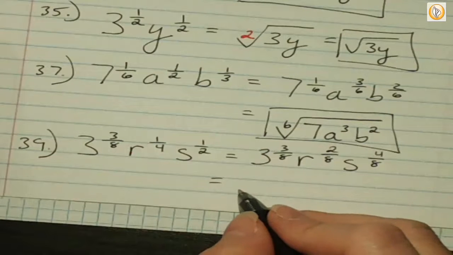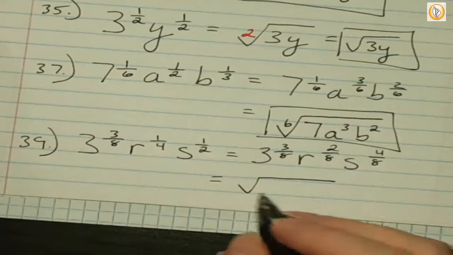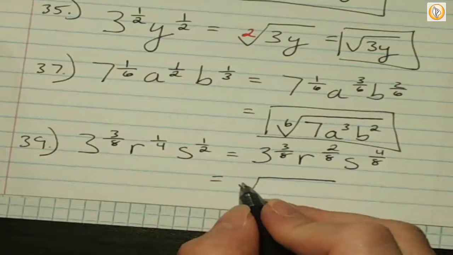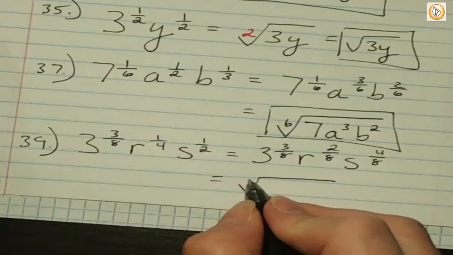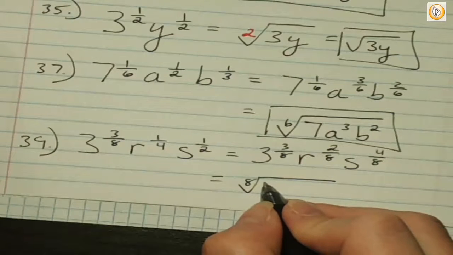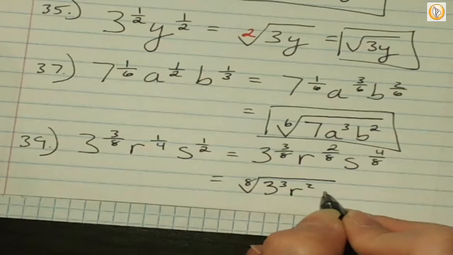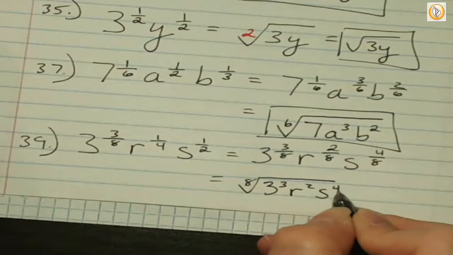Okay, so now we have to put it in radical. What goes in the thing? And then, what do I have? You have 3 to the power of 3, R to the power of 2, and S to the power of 4.